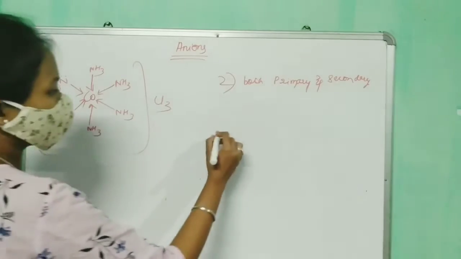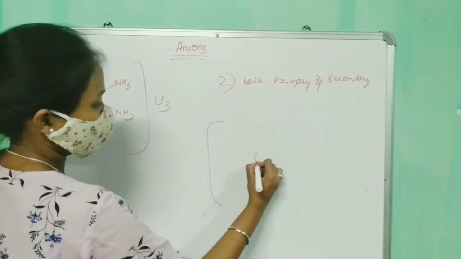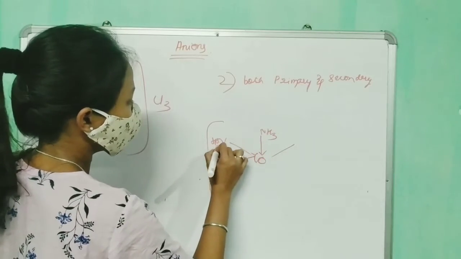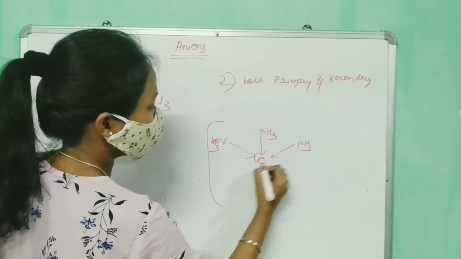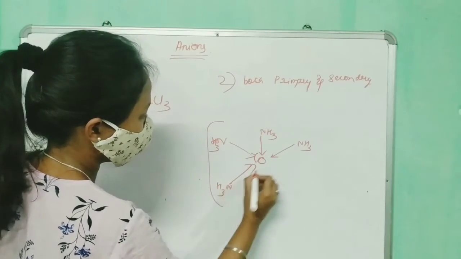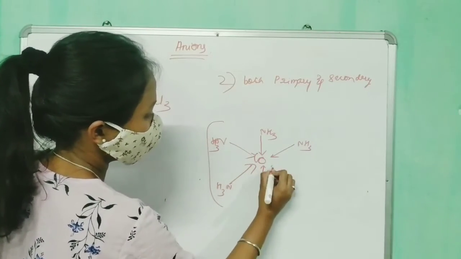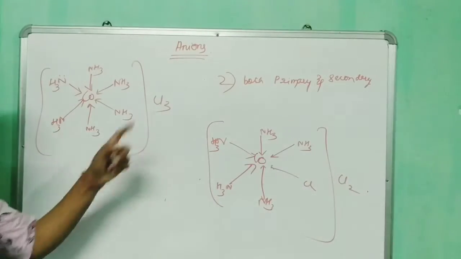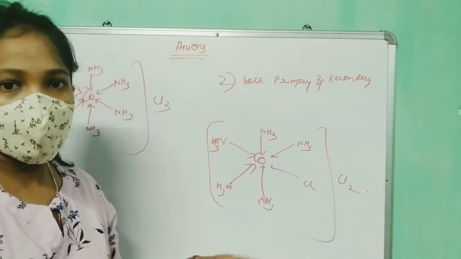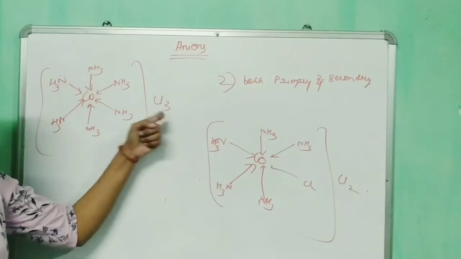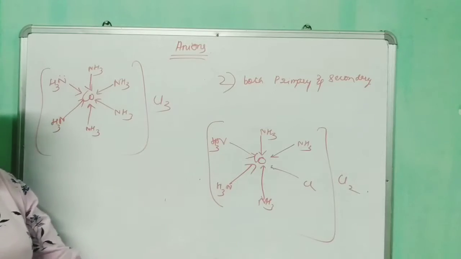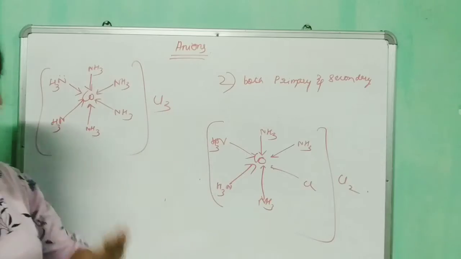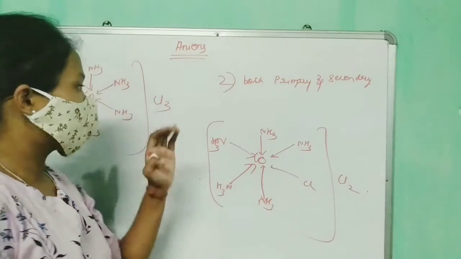And the other one if I draw Co(NH3)5Cl, so one chlorine will be attached here. So now you see this chlorine, this does not tell anything about the geometry. With this, these are basically satisfying the secondary valency. These are basically satisfying the primary valency, and we cannot tell the geometry with the help of these anions.